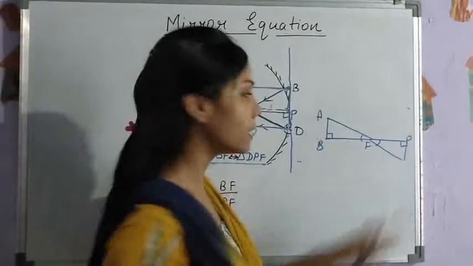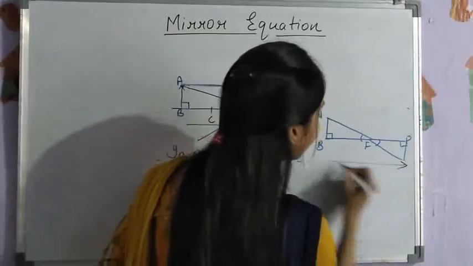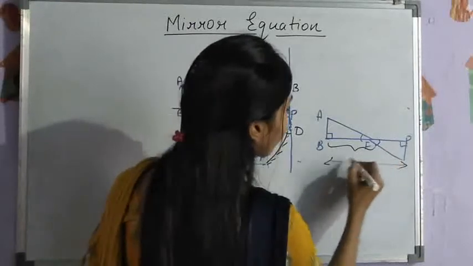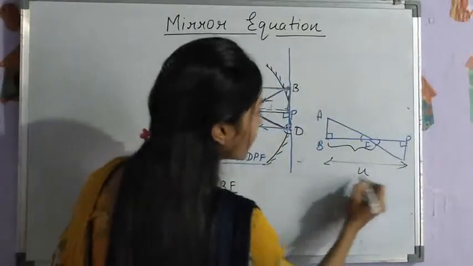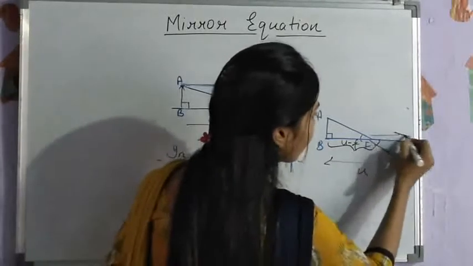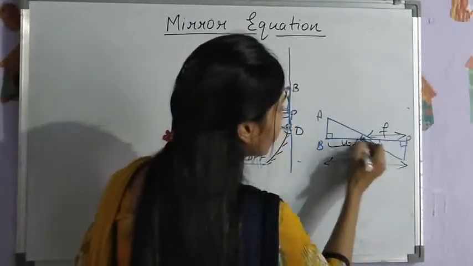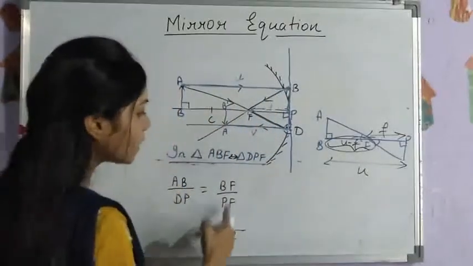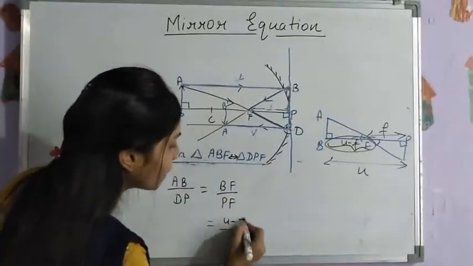That is the object distance. So if this is the U, then what is BF? This will be U minus F, because this is our F. So this distance between B and F will be U minus F. So instead of BF, we are going to write U minus F.